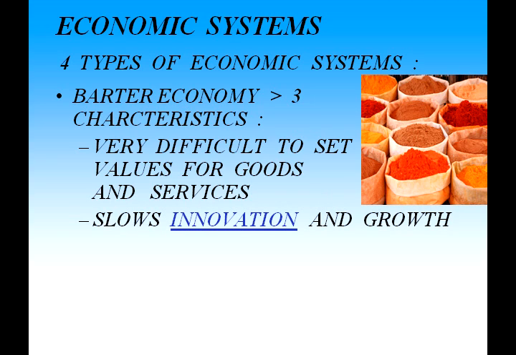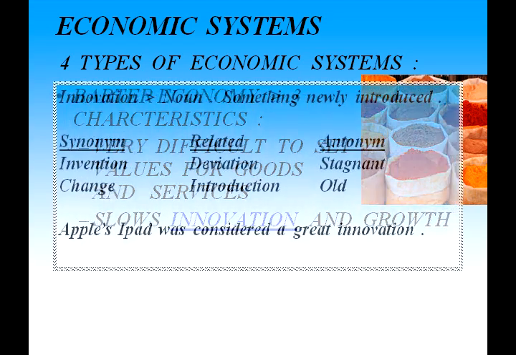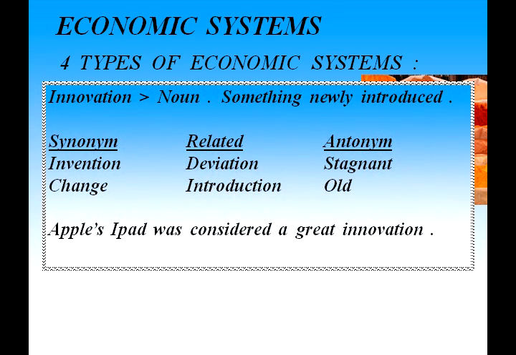As a result of having slower transactions and not being able to determine true values or comparative values between goods and services, it slows down innovation in society, and when you slow down innovation, you slow down growth. If you're not familiar with the word innovation, it means something newly introduced, an invention or change. Used in another sentence, Apple's iPad was considered a great innovation.